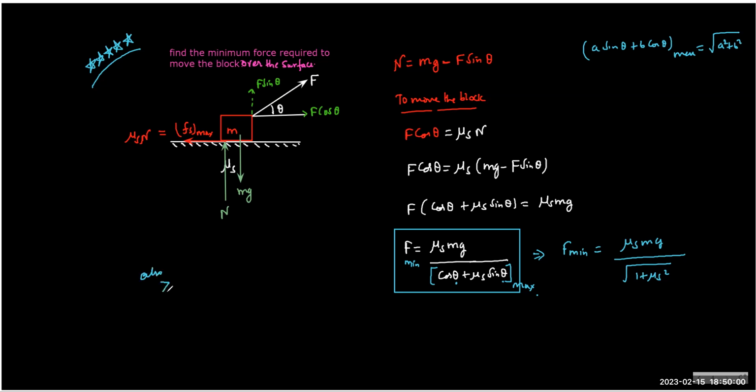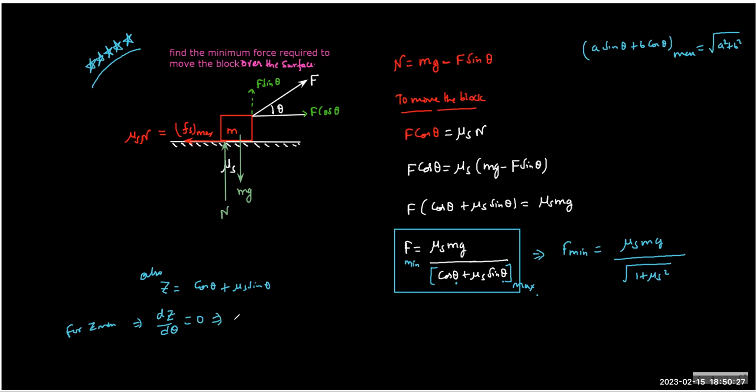Also, let's take z equals cos theta plus mu s sin theta. For any function to be maximum, dz by d theta must be 0. For z max, we know from calculus that the first derivative must be 0.